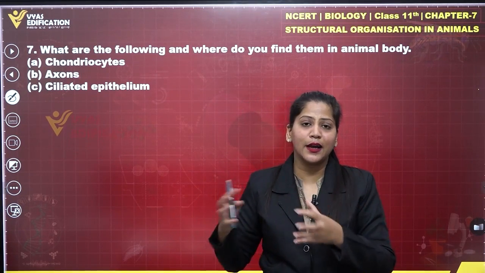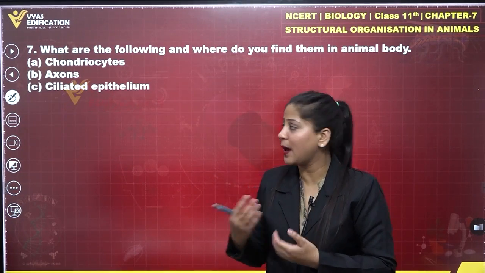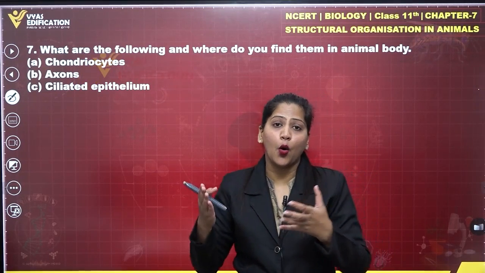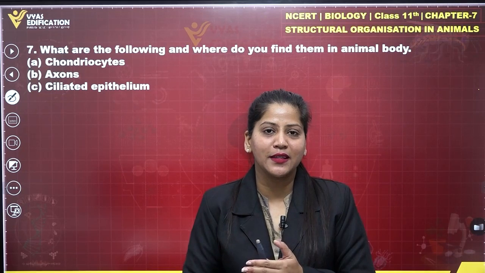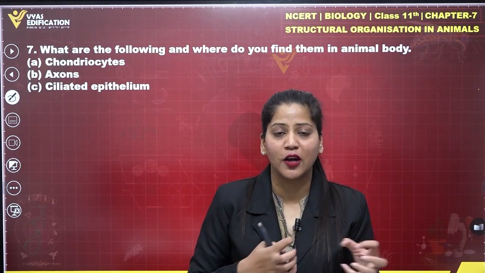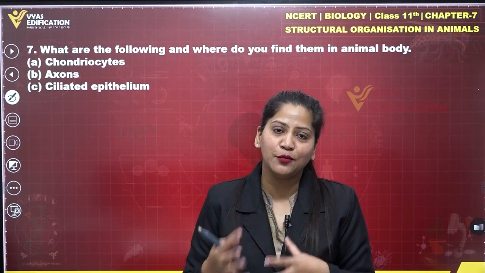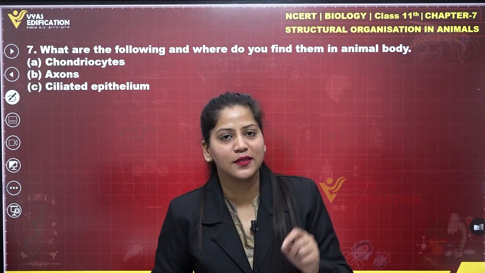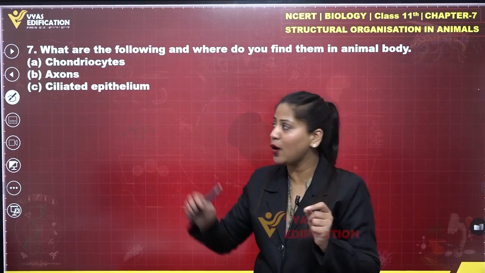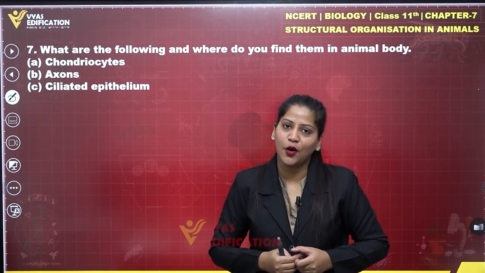You will find this kind of epithelium, ciliated epithelium, in the oviduct and bronchioles, which helps in the transportation of ovum and mucus in the specific directions. So these are the places you will find all of these in the animal's body.